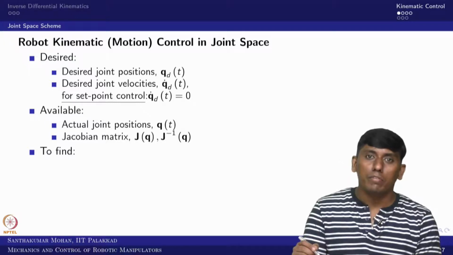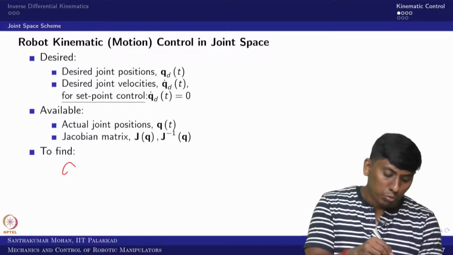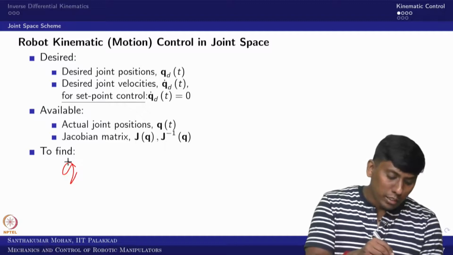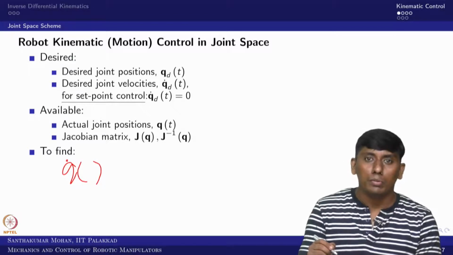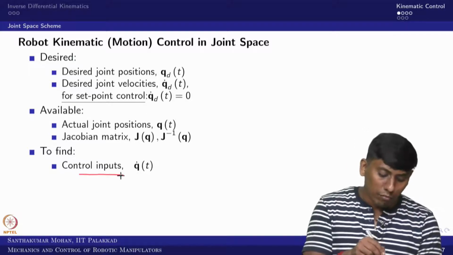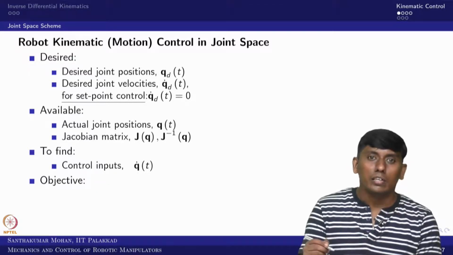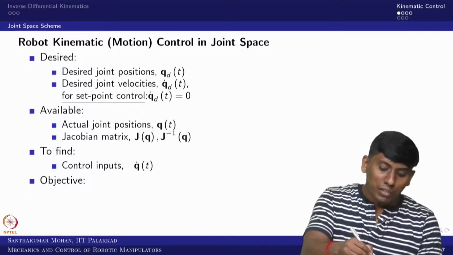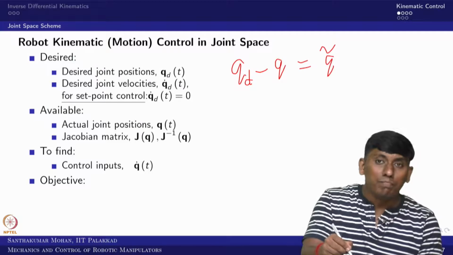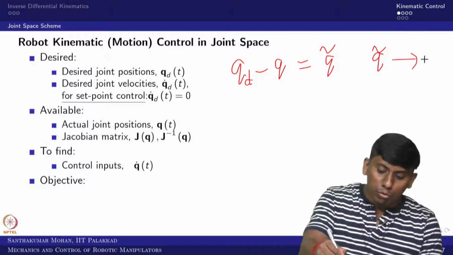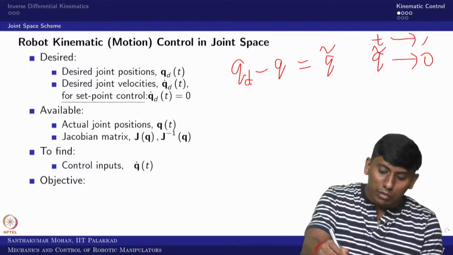Okay. So what are we trying to find out? We are trying to find out what your actuator speed would be. In the sense, joint velocity should be known. For that, we say there is an objective where Q desired minus Q, which I call Q tilde, is supposed to go to 0 when T tends to infinity.